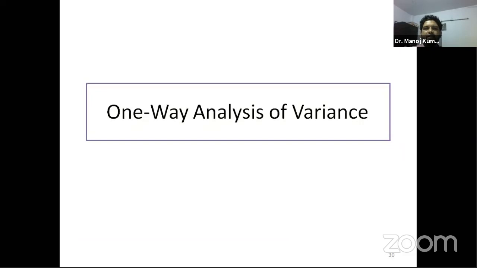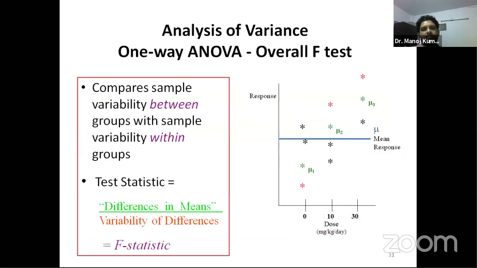One-way analysis of variance has this test statistic: the difference in the means and the variability of the differences. Again, what you did in the t-test, mean of one sample minus mean of the other sample, here you also find the differences of the means and the variability of the differences. So this gives you an F statistic.